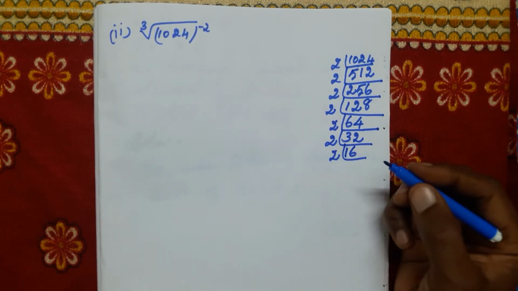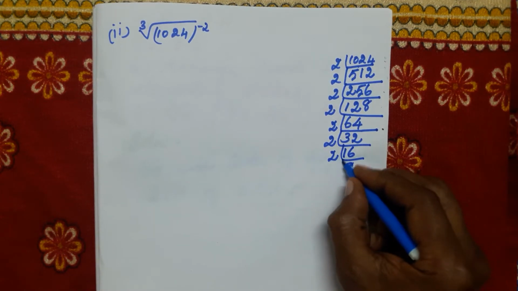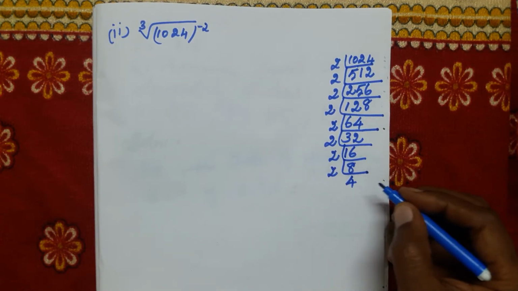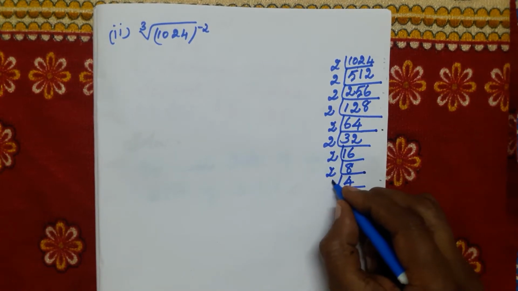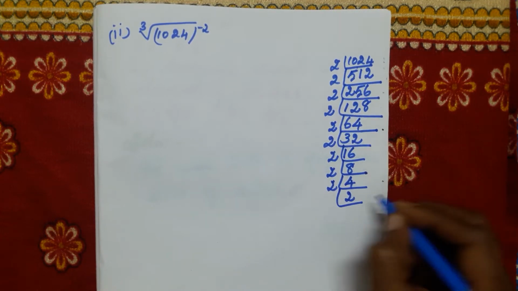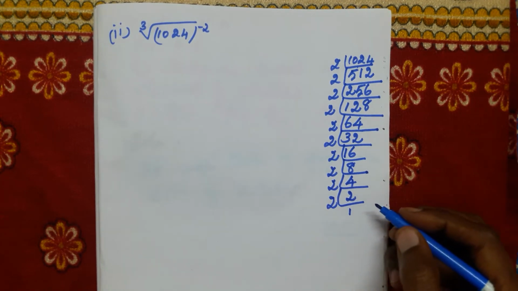Again with 2 table, 8 2s are 16. Again, 4 2s are 8. Again, 2 2s are 4. Again, 1 2 is 2.